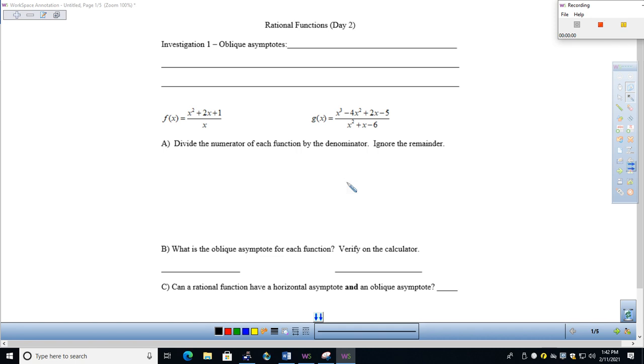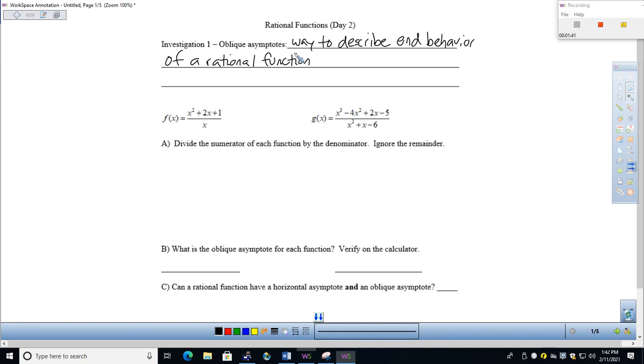So I'm going to write a couple things in here and then we'll get rolling right away with a couple investigations. First and foremost, oblique asymptotes are a way to describe end behavior. And again, that's exactly how we left off that last lesson. End behavior of a rational function, and it's a very specific situation.